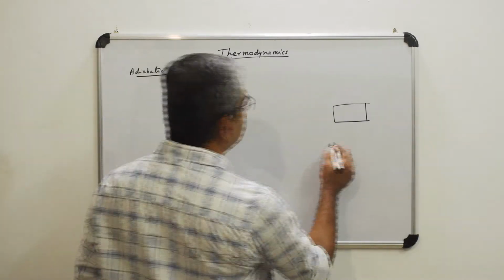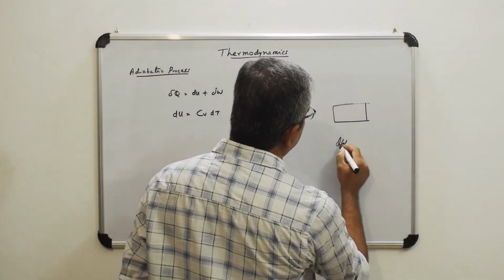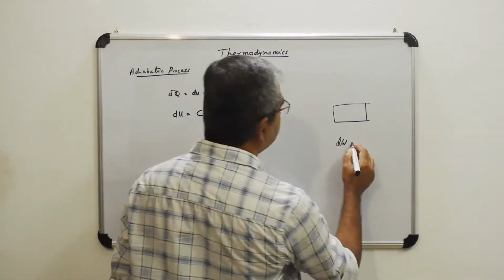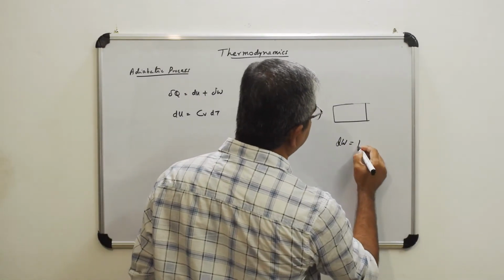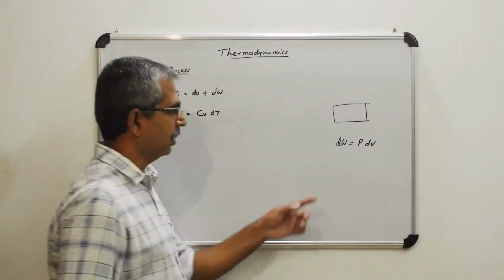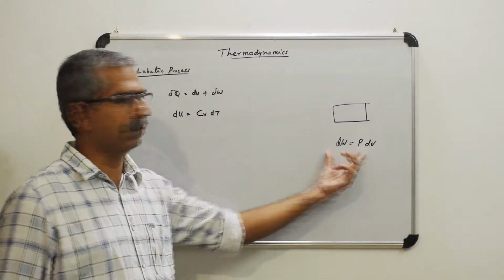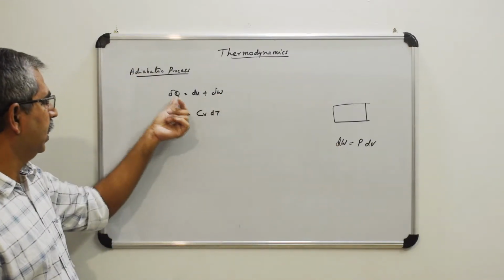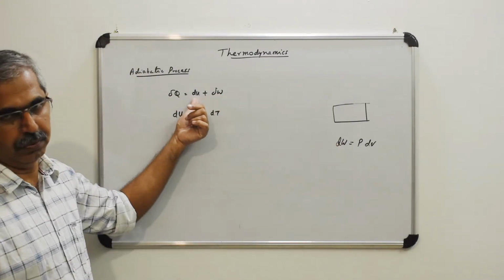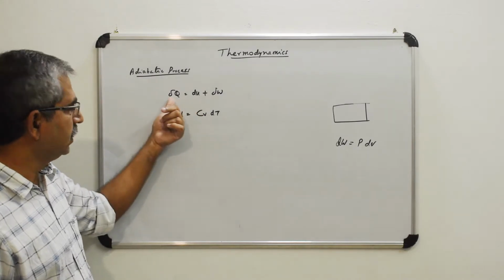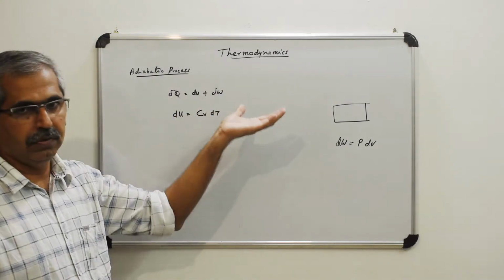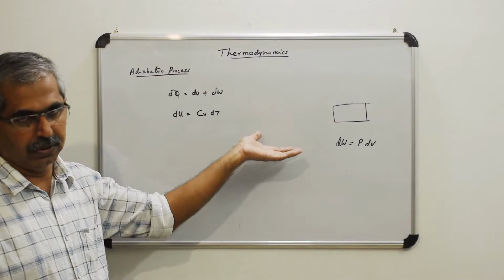What is delta W? Delta W or dW you can write as dW equal to P into dV, pressure into change in volume. So at constant volume this part will be equal to 0, and dQ equal to dU. And then what is dQ? The dQ is the quantity of heat that is given to the system.